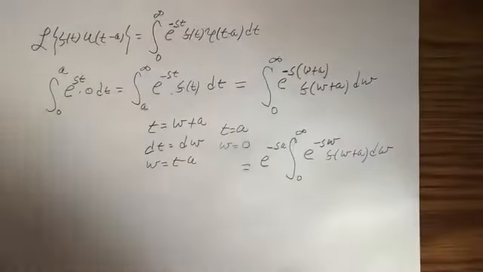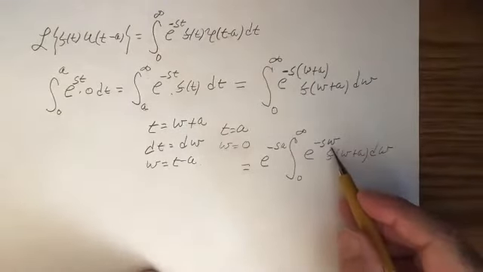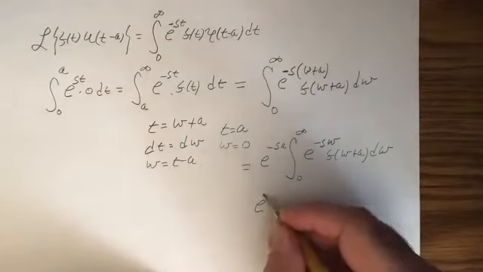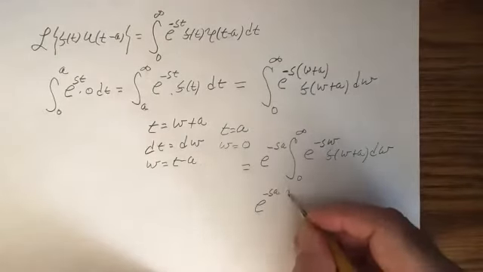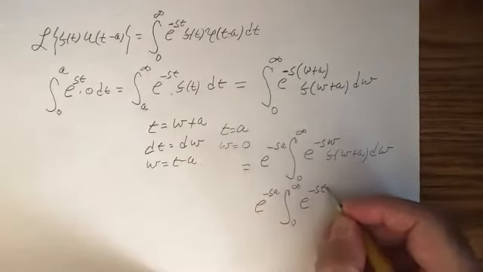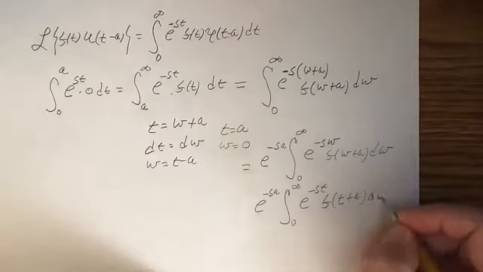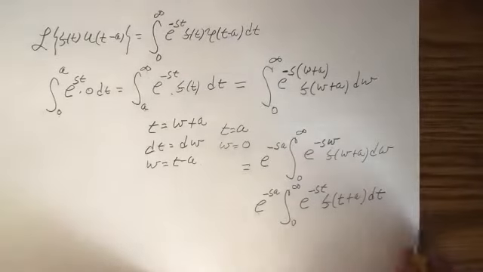Now w is just a dummy variable, right? So I can go back to t because we want things in terms of t. So I'm just going to go back to t.